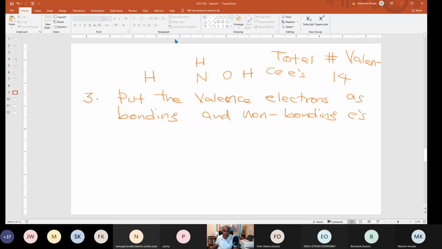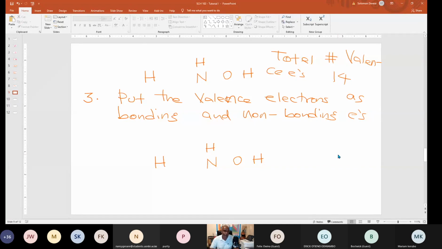So now we have this. This is how the atoms are arranged, which we determined from step 1. And then we use the 14 electrons first as bonding electrons. We use those electrons to form a bond because these 3 hydrogens, the nitrogen and the oxygen have combined together.